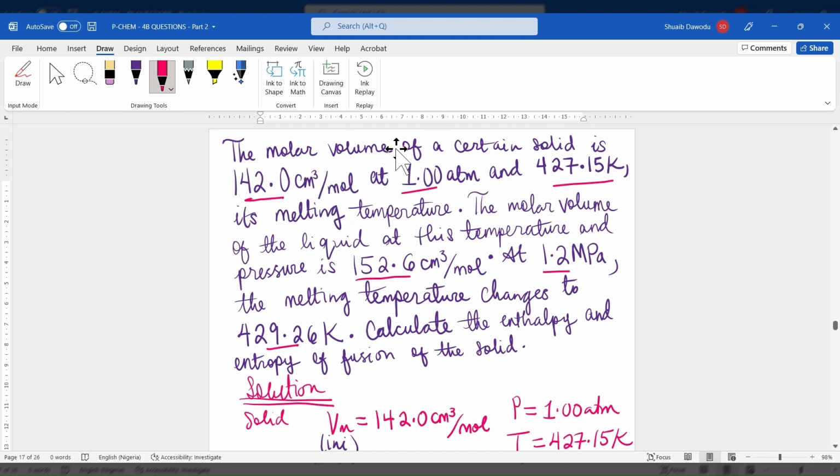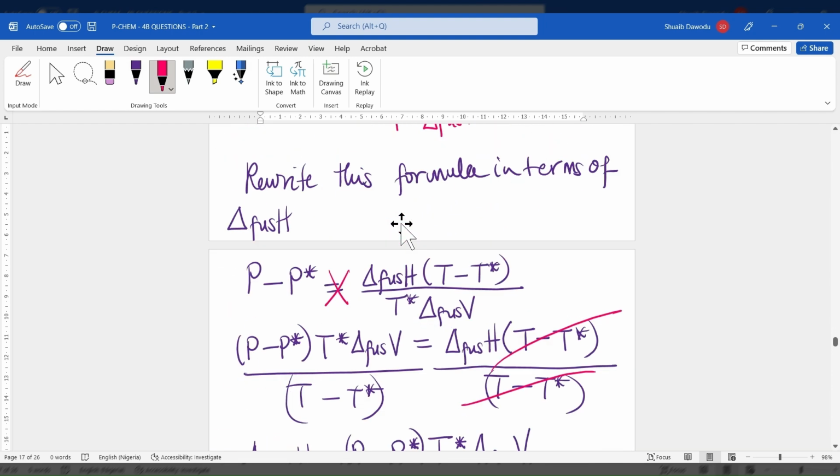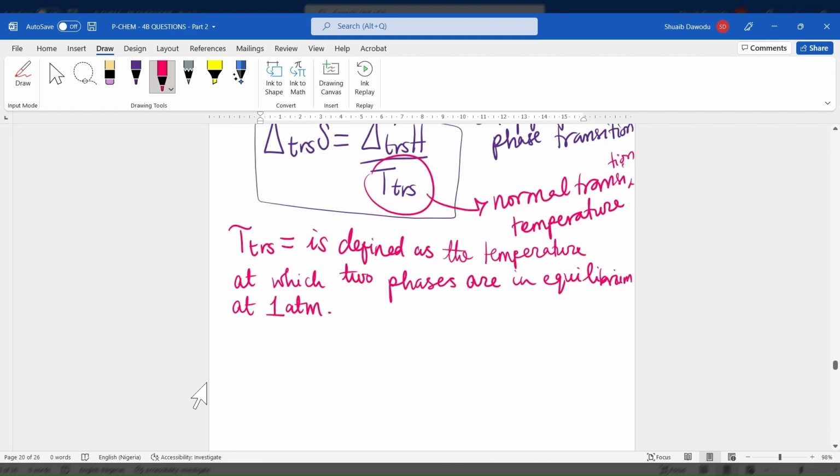The only thing that changes is the molar volume. And the pressure there is 1 atm. So that means at this particular pressure, we have a temperature of 427.15 because our solid and our liquid are currently at equilibrium. So the phases are in equilibrium with one another. So basically, that is it.